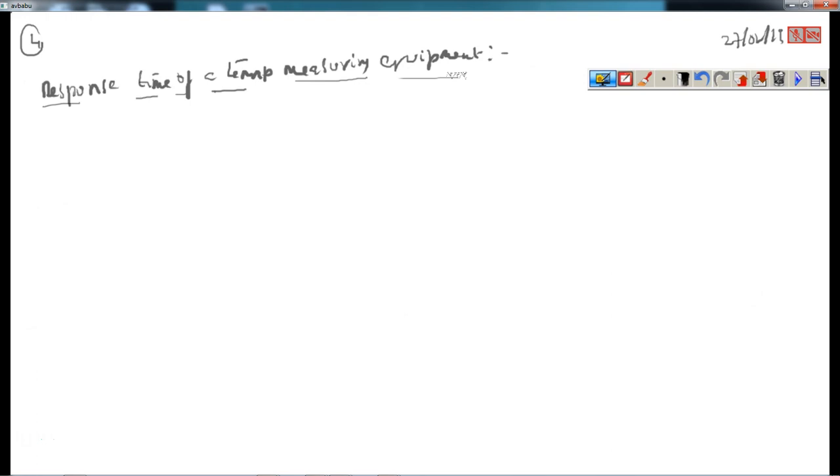Normally the temperature measuring instrument is going to be a thermocouple or thermometer. Now the thermometer works on the principle of equilibrium.